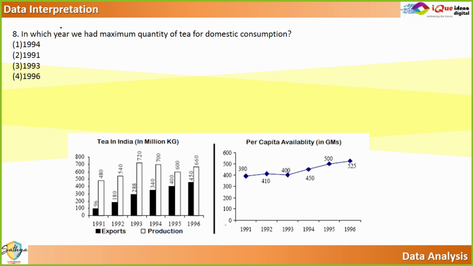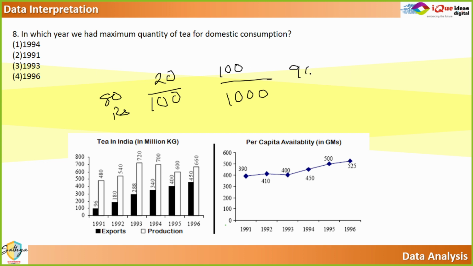See, if my total income is 100 and I spend 20 rupees, that means my savings is 80 rupees. If out of 1000 I spend 100, then my savings is 900 rupees, right?